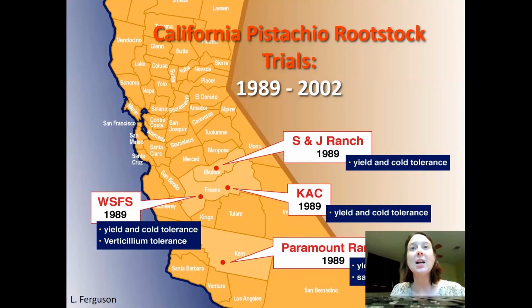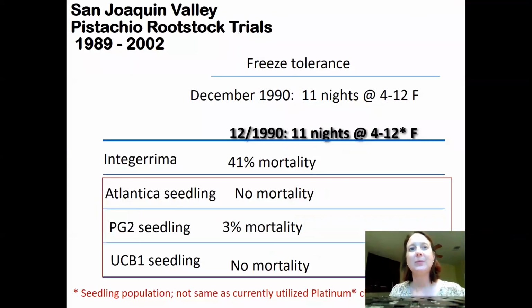A series of rootstock trials were conducted in California between 1989 and 2002 at different places within the state. These different trials looked at verticillium tolerance, yield, cold tolerance, salinity tolerance, etc. These rootstock trials allowed us to gain valuable information during anomalies within the weather systems.